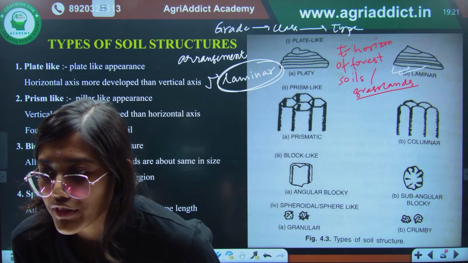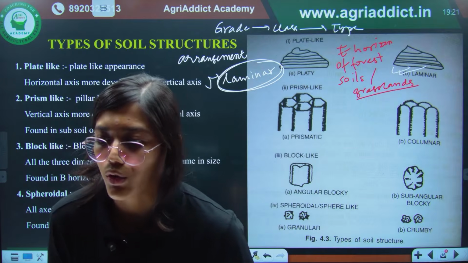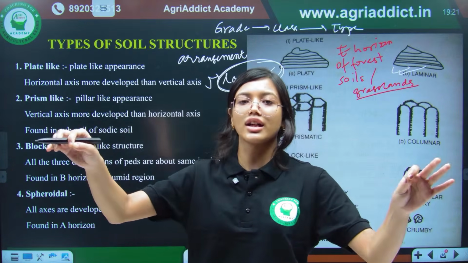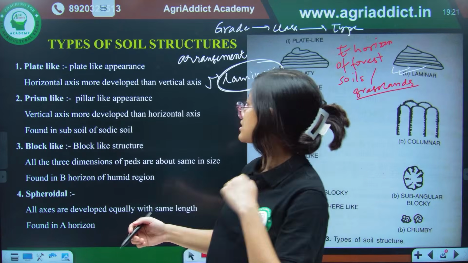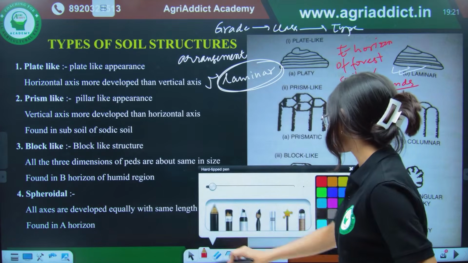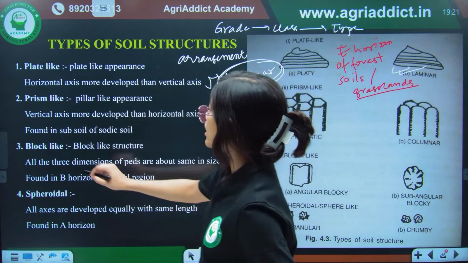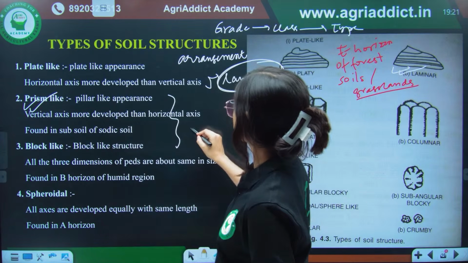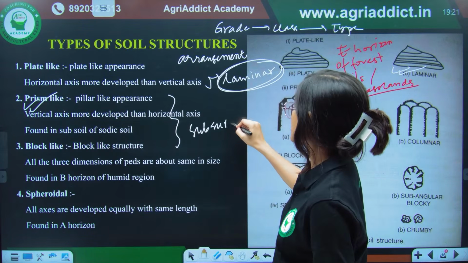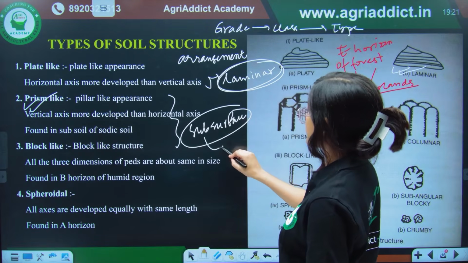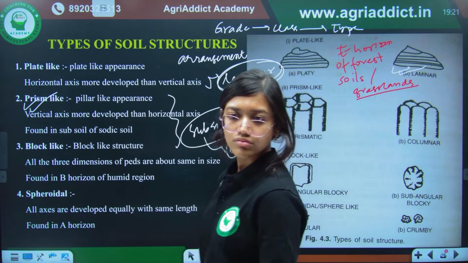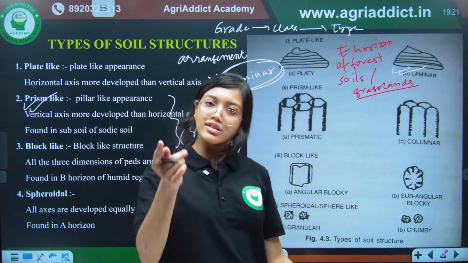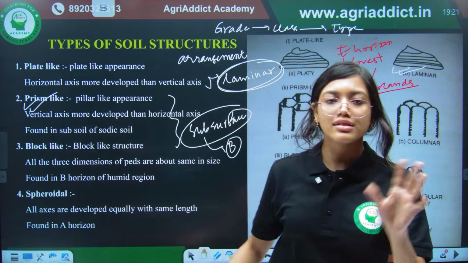Ma'am, in plate it is horizontal and in prism it is vertical? Yes. If the horizontal axis is elongated, then it is plate. If the vertical axis is elongated, then we come to our next structure, which is prism-shaped. Prism and block-like structures are always found in the subsurface horizon, never in the surface horizon. Subsurface means B horizon. So plate is a surface horizon structure, prism and block are subsurface horizon.